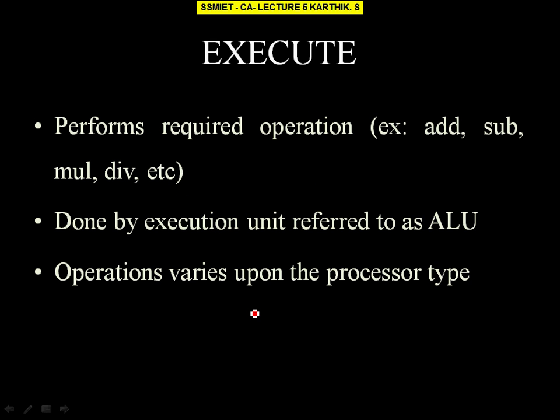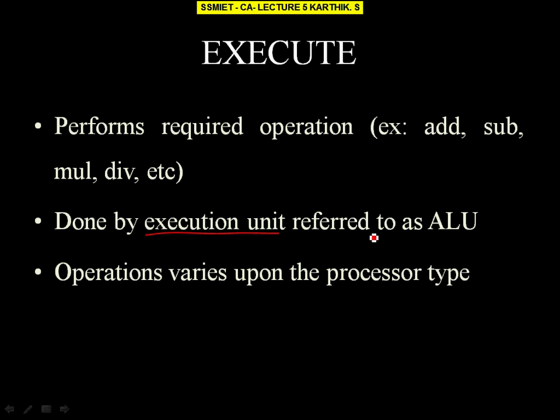Next, the third operation of the computer is execute, or we call it execution. In this operation, the CPU or the computer performs the required operation, for example addition, subtraction, multiplication, division, etc. This operation is performed by the execution unit.